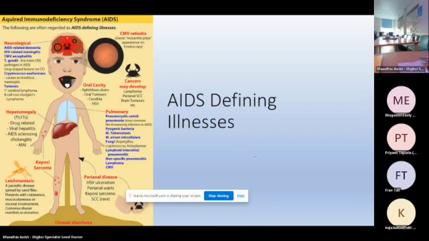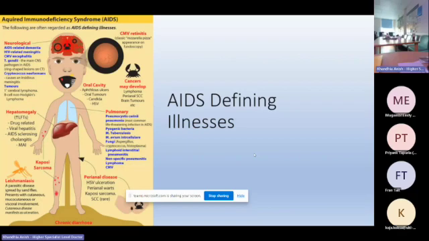But features of very severe HIV infection itself leading to disease, separate from AIDS, can be things like dementia or meningitis or encephalitis. Although this mentions that it's an AIDS-defining illness, HIV-associated encephalitis isn't, strictly speaking, an AIDS-defining illness because it can occur with higher CD4 counts as well.